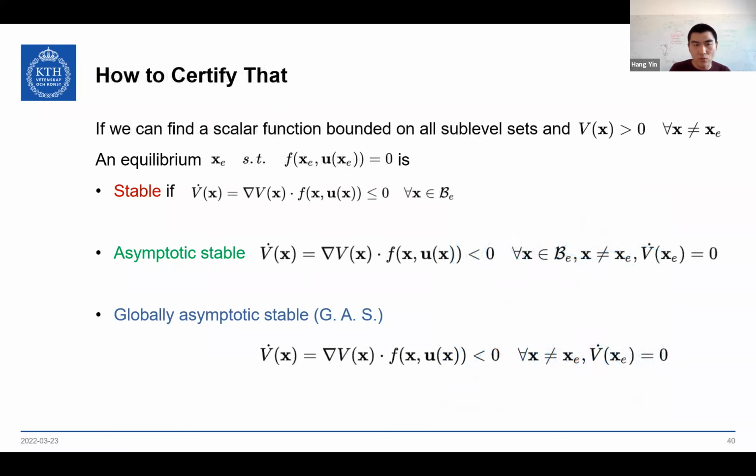Basically, that's the general way of doing some kind of Lyapunov analysis. If I manage to find some kind of energy function that is always positive, and I can also prove that its time derivative, how it varies along the time horizon, will always be smaller than zero, this means that my energy just keeps decreasing.